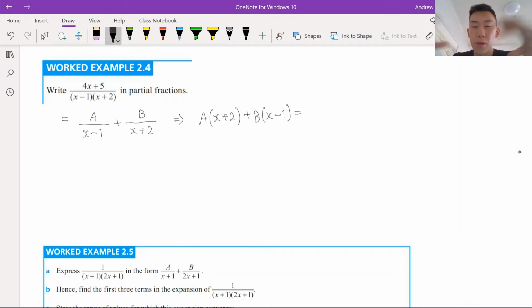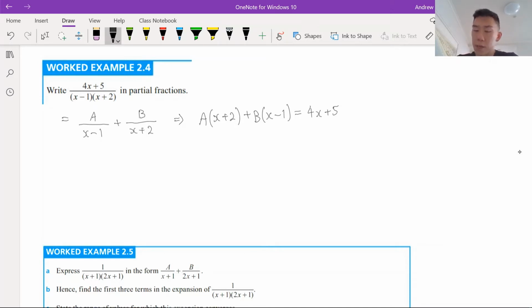If we were to rewrite this as a single fraction, that's what our numerator would be, and that will equal 4x + 5. Now we don't need the denominator anymore because we're just trying to equate the numerators. So now that we have this equation, we can try to solve for A and B.